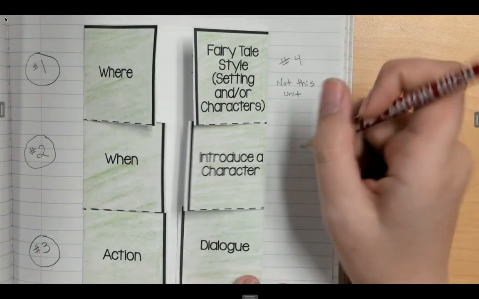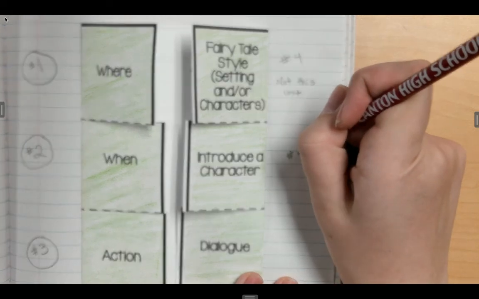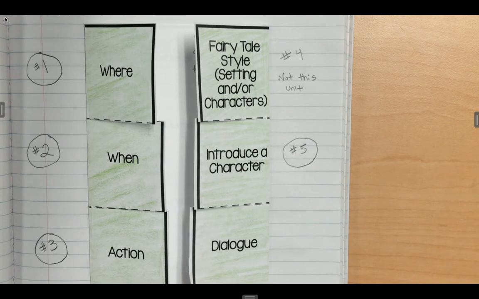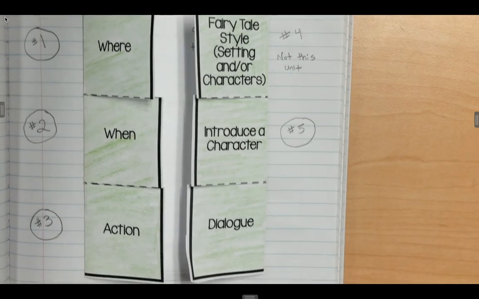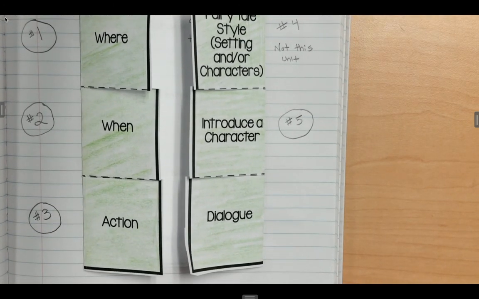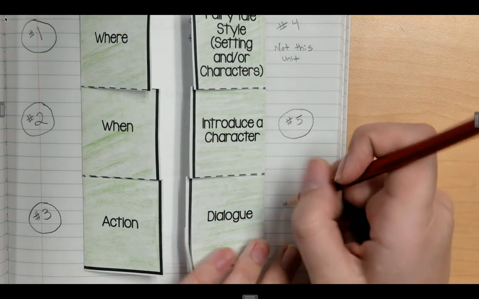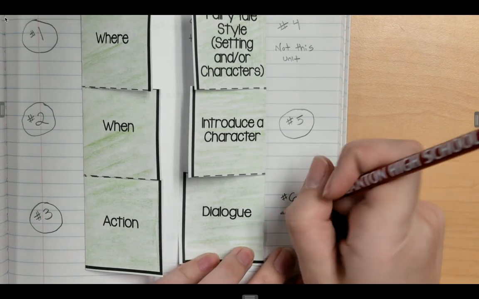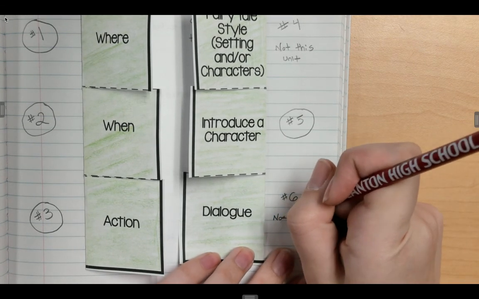Number 5 would be to introduce a character, and yes, you may. A great way to start a narrative is to introduce a character, give us lots of those describers or adjectives and vivid verbs. And number 6 is dialogue, and as I said earlier, we are not using it in this unit.